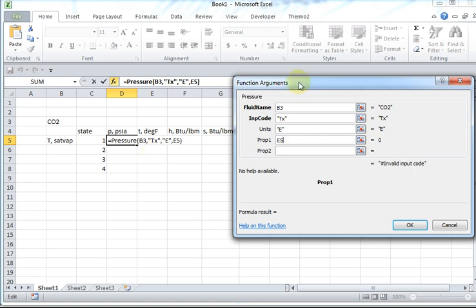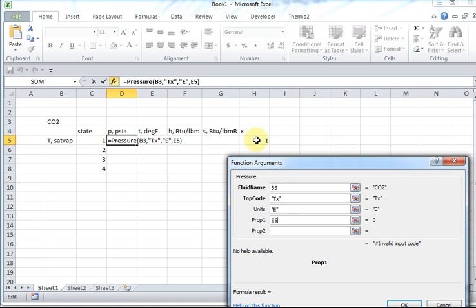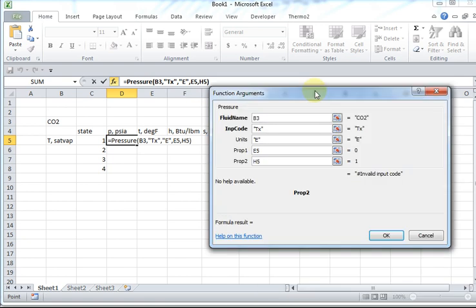And then the quality is in cell H5. And so I can just click that cell H5. Now it says invalid input code. It probably doesn't like temperature and quality. Temperature and big X? Do you like that? No.